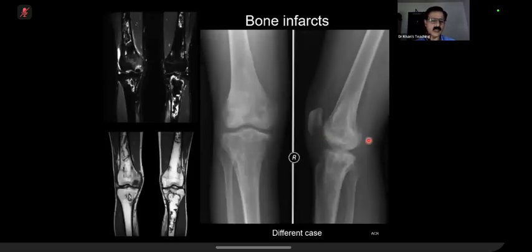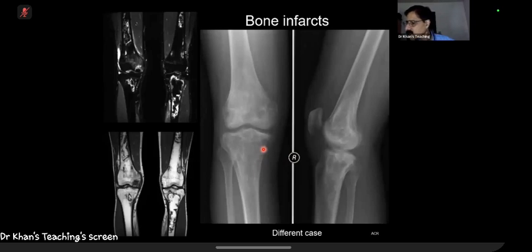Now, look at this. These are multiple bone infarcts. And in these multiple bone infarcts, you can see this calcification. So there is calcification.